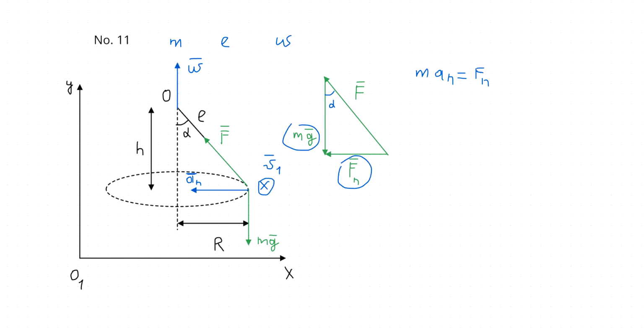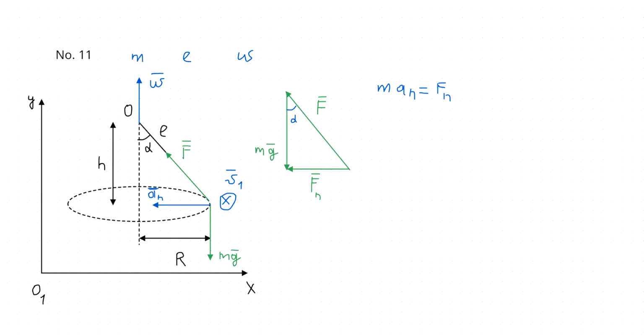F cosine alpha is equal to mg, because of 90 degrees. You are right. And F sine alpha is equal to Fn.